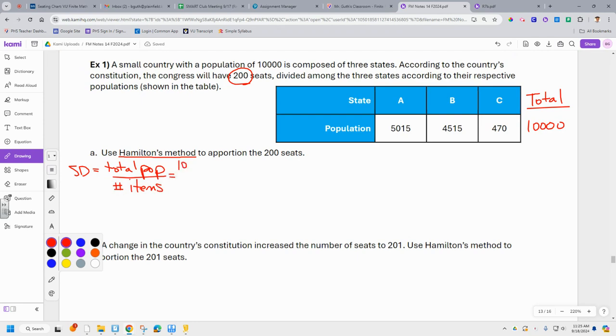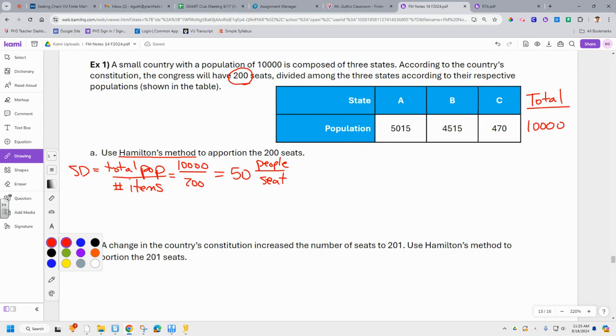In this case, the total population is 10,000, and the number of items was 200. Divide, we get 50. 50 people per seat. Or in other words, 1 seat for every 50 people. So that's our standard divisor.